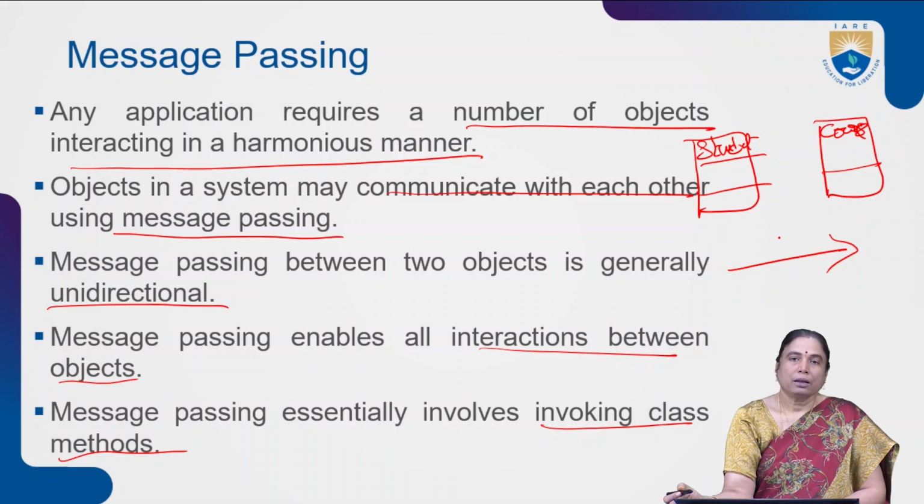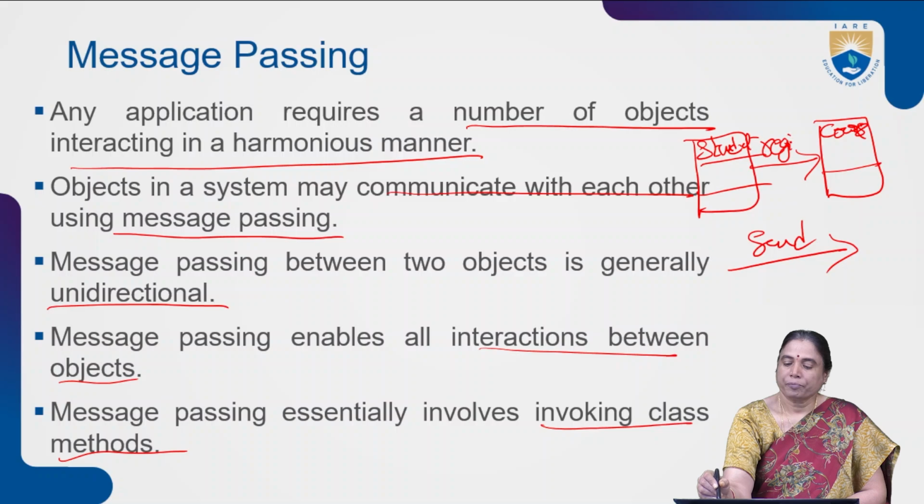Like that, it must be represented in UML diagrams: the direction of flow, and what message must be exchanged between the objects in the communication. So, student registers the course.